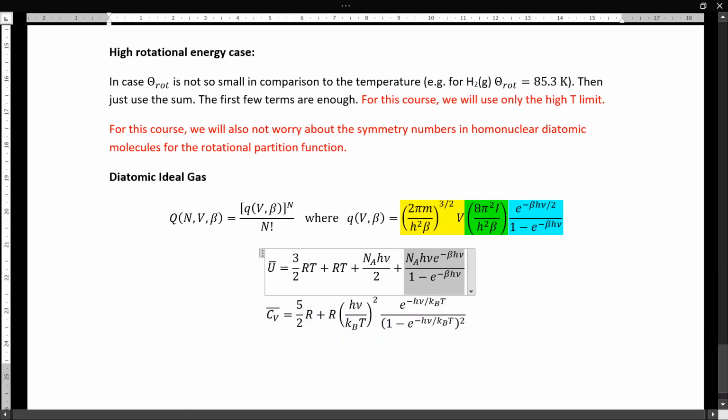For the rotational states, all the states are populated, so you just get RT. Translation also has a continuum of states. Here we have discrete states which get populated, but the ground state is always populated, so that's a constant. And this is what changes with temperature. From there you had also calculated the heat capacity. Okay, so we'll stop here.